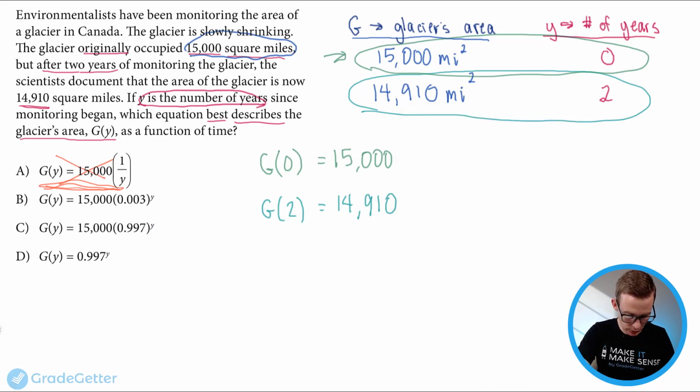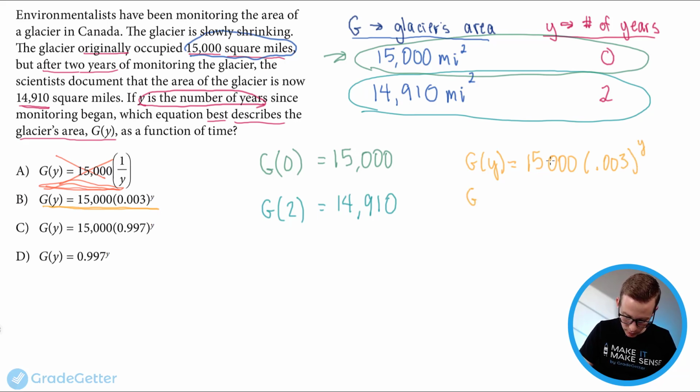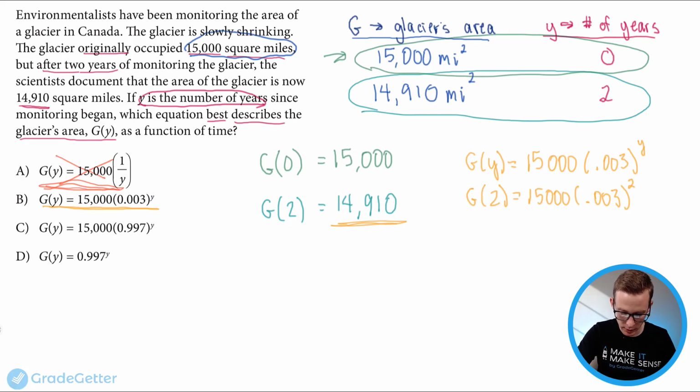So next, let's try B. g of y equals 15,000 times 0.003 to the y. So if I plug in 2 for y, I'll get 15,000 times 0.003 to the second power, and I should get 14,910.